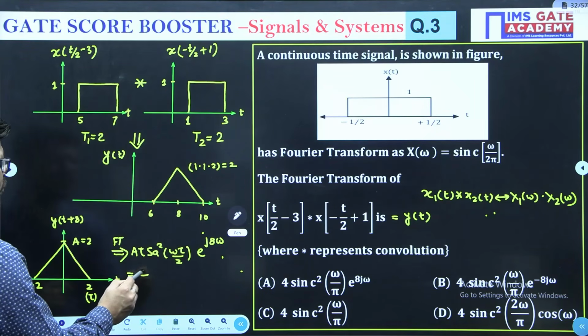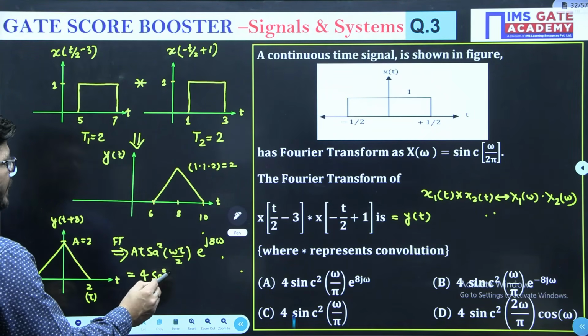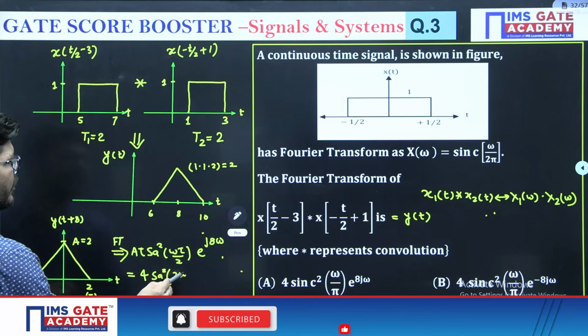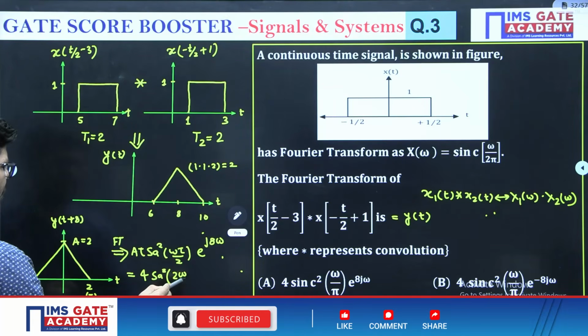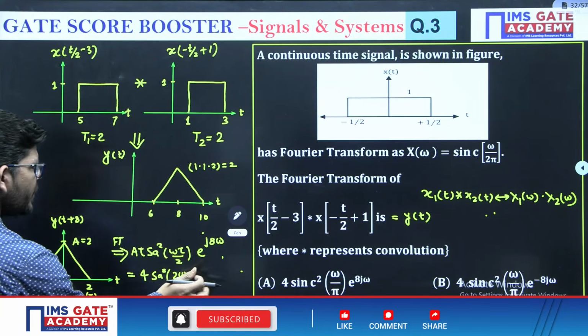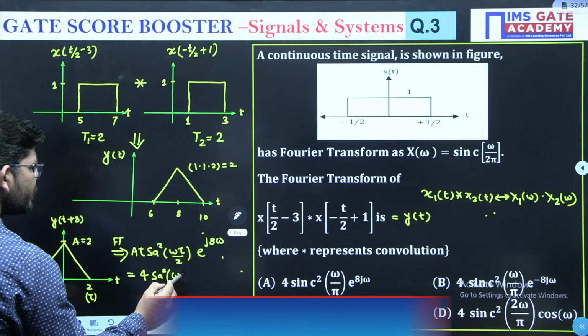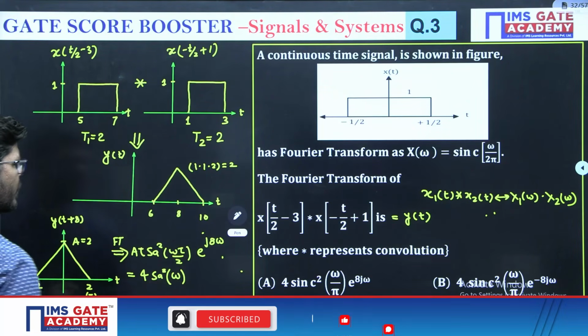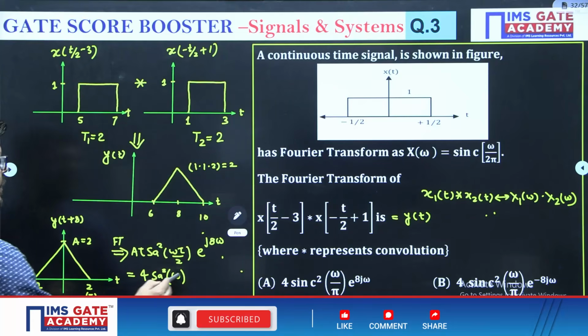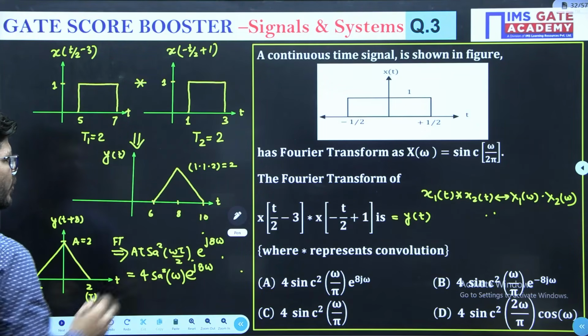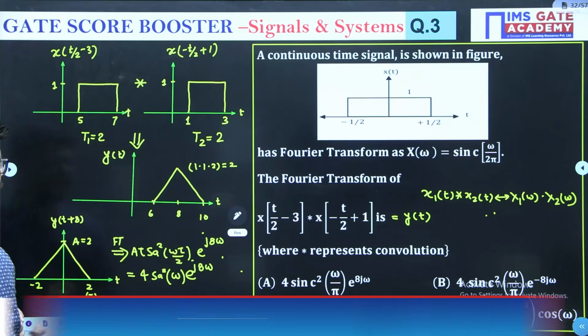So we will get 4 Sa squared of omega, times e to the power j 8 omega, right?